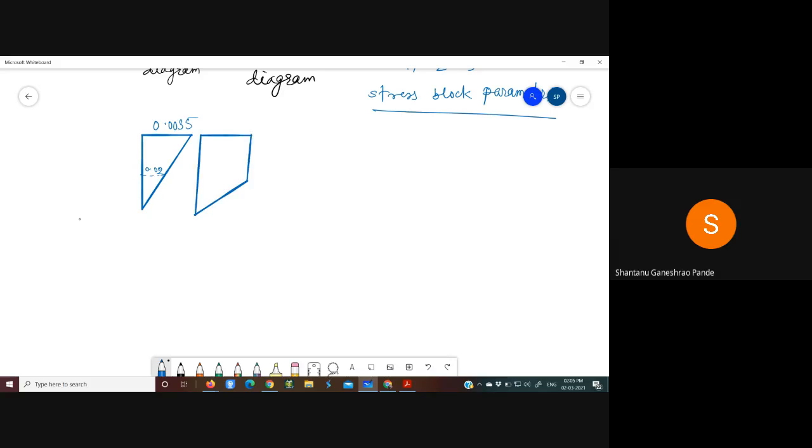The final shape of the stress block will be like this. Just a minute. So this is the 0.002 level.